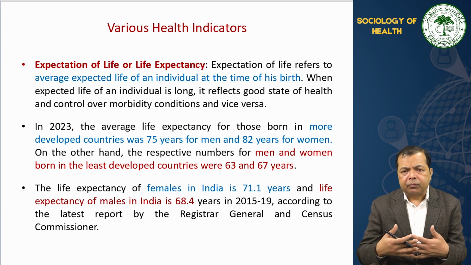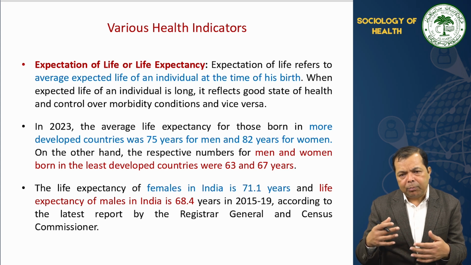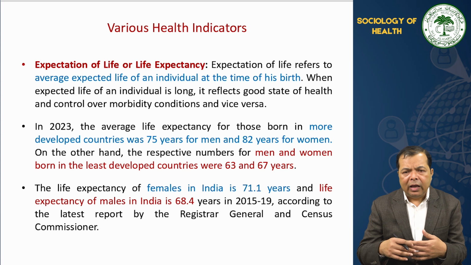So the first most popular health indicator is expectation of life or life expectancy. We talked about this in the previous lecture also. Expectation of life refers to the average expected life of an individual at the time of his or her birth.